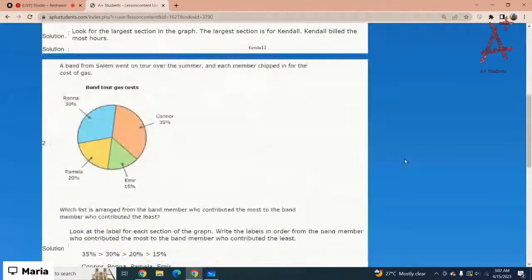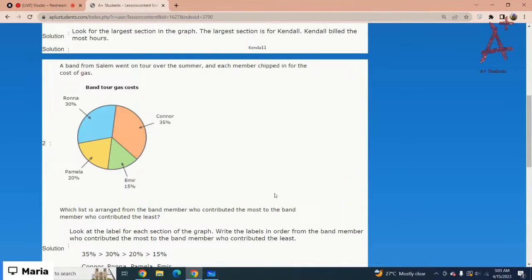A band from Selman went on tour over the summer and each member chipped in for the cost of gas. Which list is arranged from the band member who contributed the most to the band member who contributed the least? You have to arrange all the values from greatest to least.